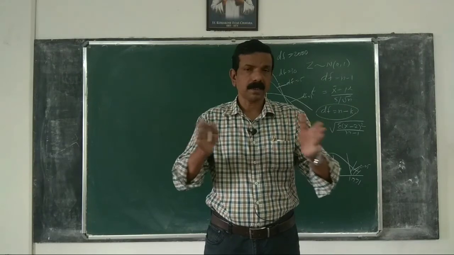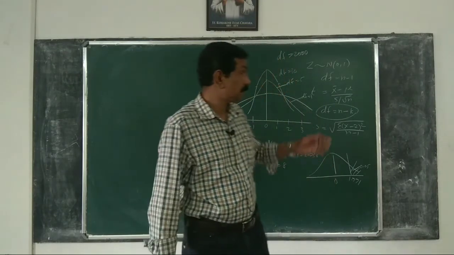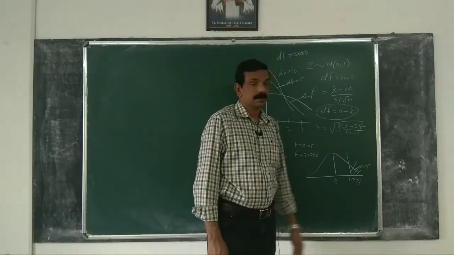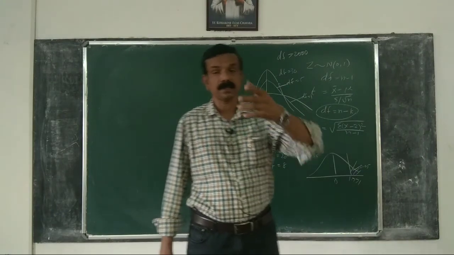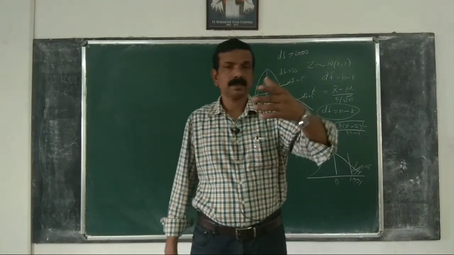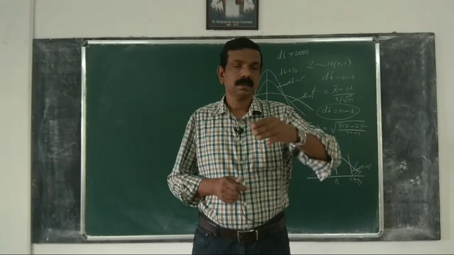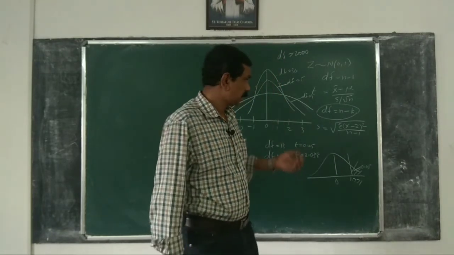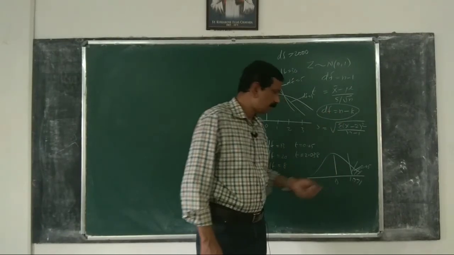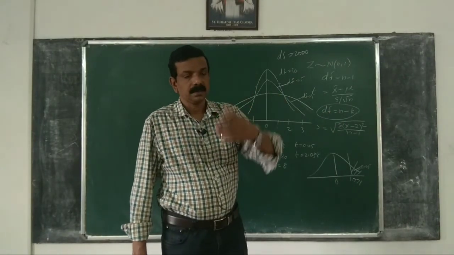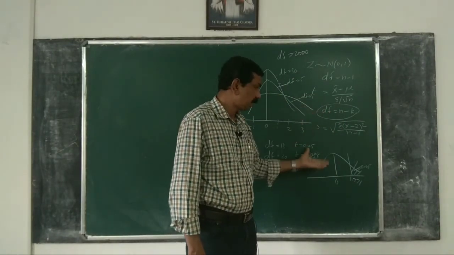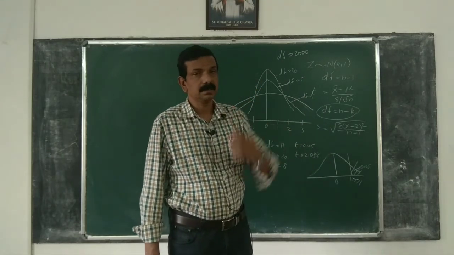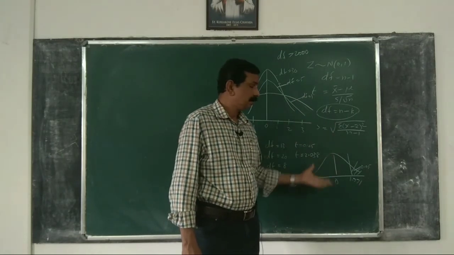For practical applications, the t distribution is extensively used, as sample size will not be very large and the population standard deviation is generally unknown. We will see examples of how to use the t distribution when we consider confidence interval construction in the next class.